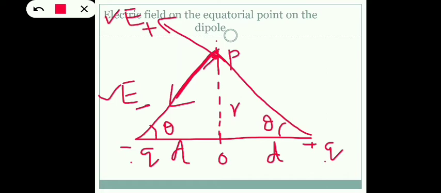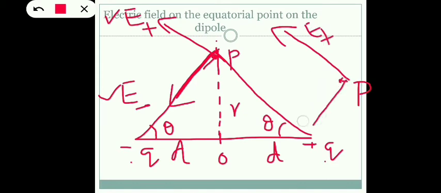Okay, so here at the point P, once again, let me represent the electric field. At the point P, we have two electric fields, E plus and E minus, right?